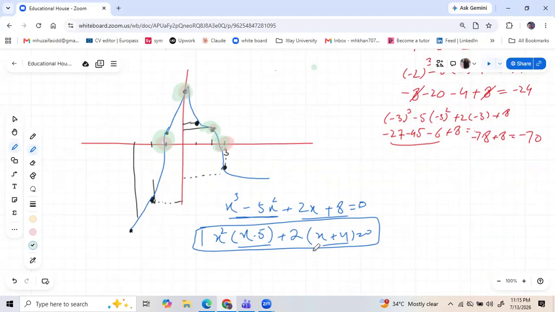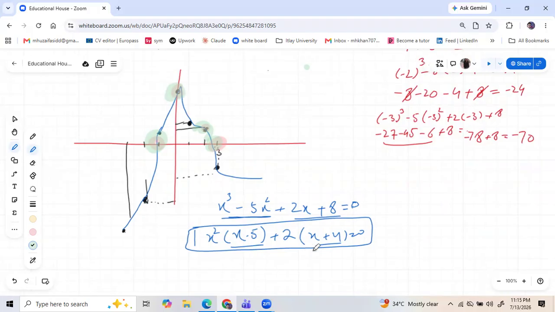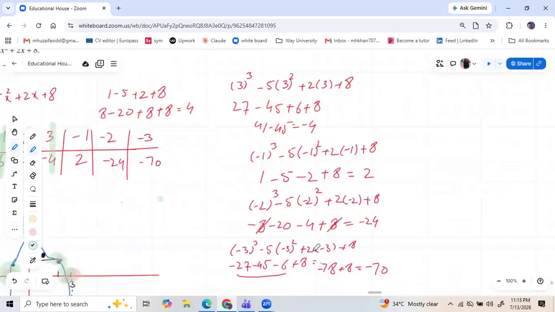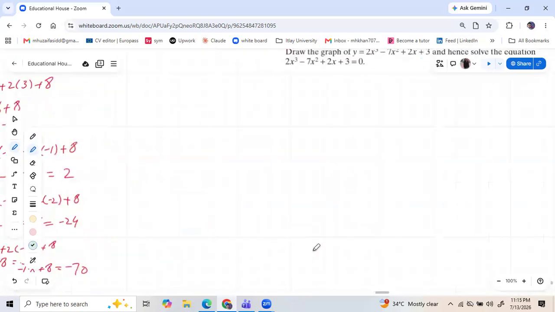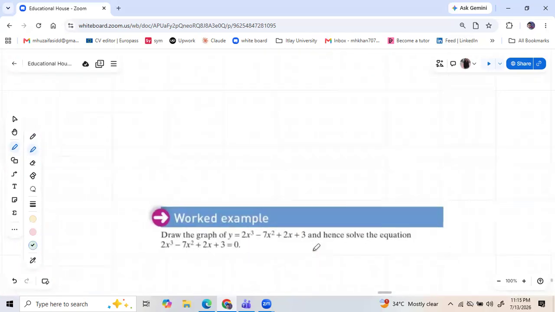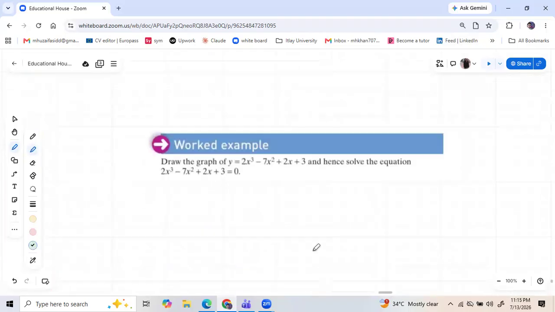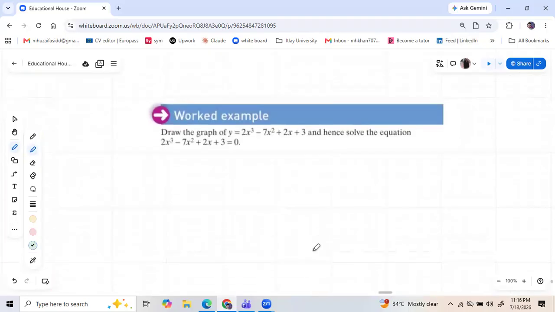Understand? Okay. Now I'm moving to the next part. Draw the graph and hence solve the equation. Same as the previous one. Here I'm giving you some clue points. You can also solve it. This is y is equal to 2 of x cube minus 7x square plus 2 of x plus 3.